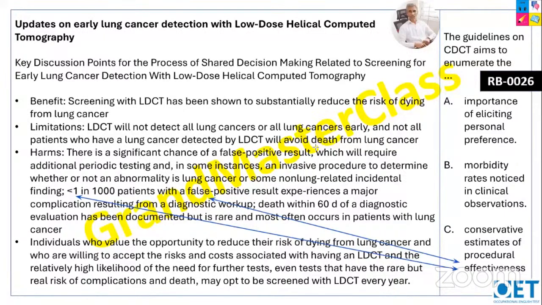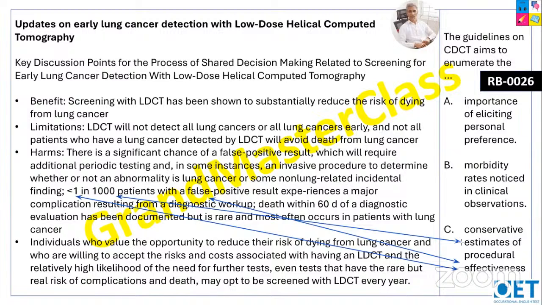Conservative estimation means calculation. 1 in 1,000 is an estimate. Conservative means the standard, the traditional standard.